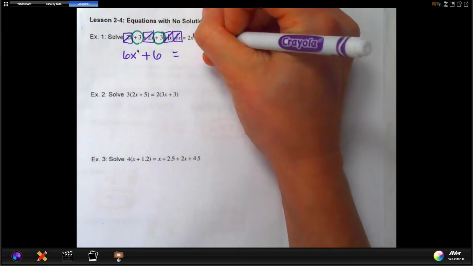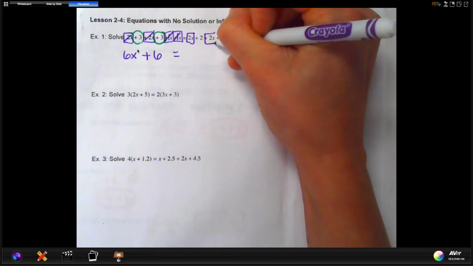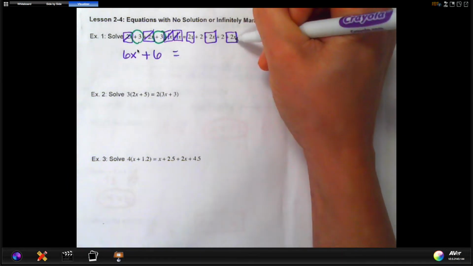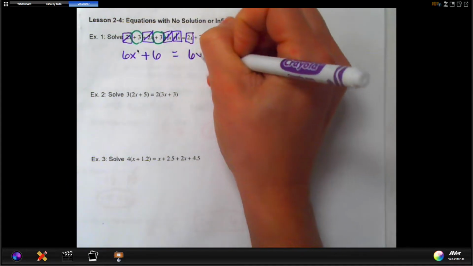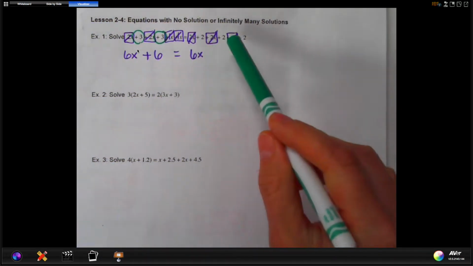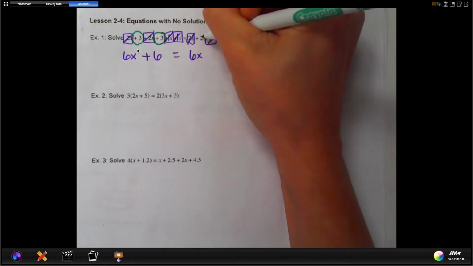So 2x here can go with a positive 2x here and another positive 2x. So 2x plus 2x plus 2x is 6x again. All right, and now we're left with 2 and a 2 and a 2, and none of those have a variable attached, so we can combine those as well.